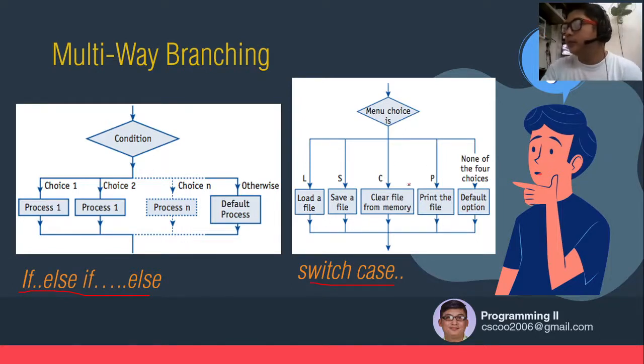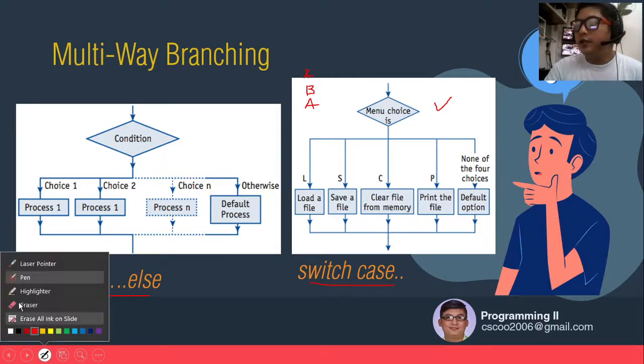The difference between if else and switch is that with switch, you are certain of a particular choice. For example, the choice is already defined, let's say it's either A, B, or C. Since the choice is already given, you no longer need to ask.